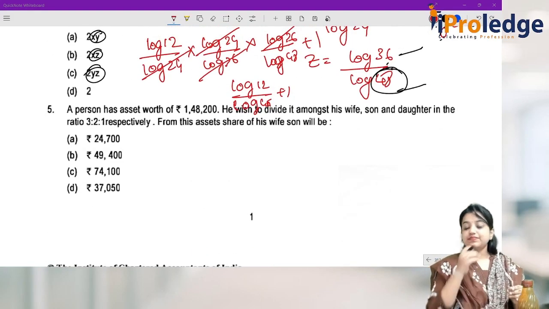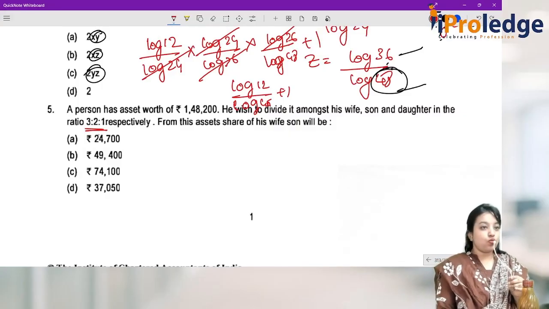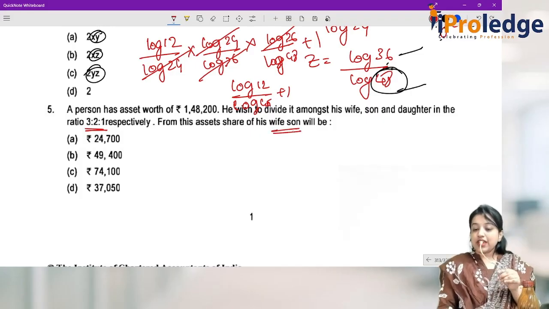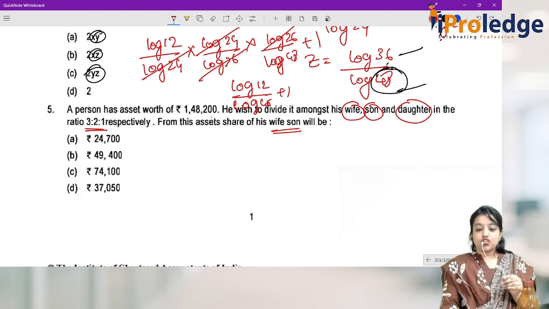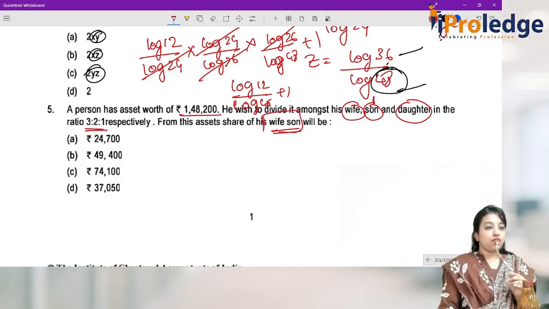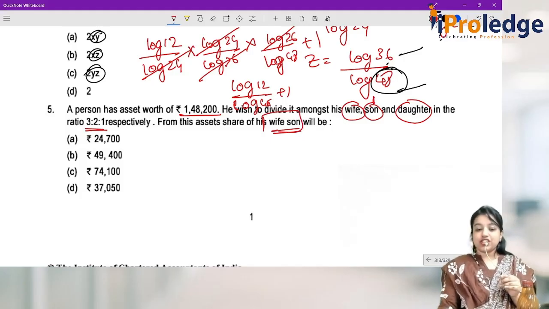We have shares of 3, 2, 1, and the share of the son is asked. The first is the wife, the second is the son, the third is the daughter. The total amount is 1,48,200. He is asking to find the share of the second one, the wife's son.